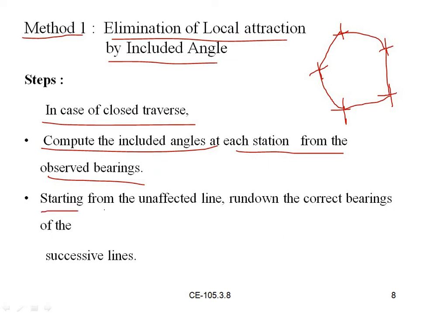And starting from the unaffected line, run down the correct bearings of the successive lines. So wherever the starting point is affected, we have to correct the other bearings of the successive lines. This is method 1, elimination of local attraction by included angle method.